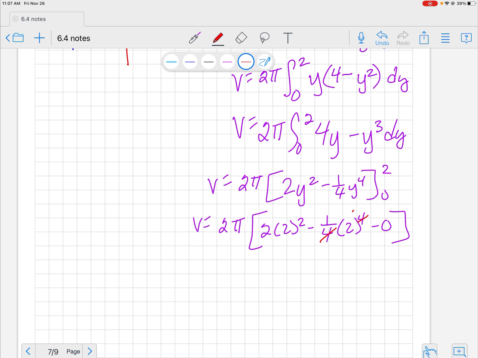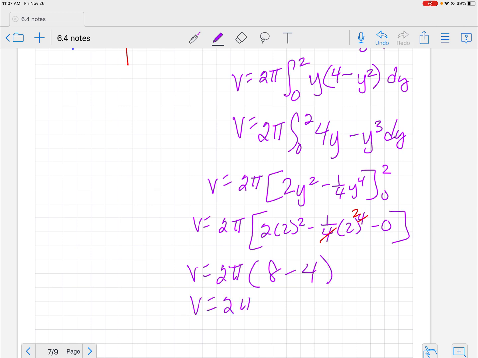So 4 takes out 2 of those. So I end up with 2 pi times 8 minus 2 squared, which is 4. What just happened? And it should be.